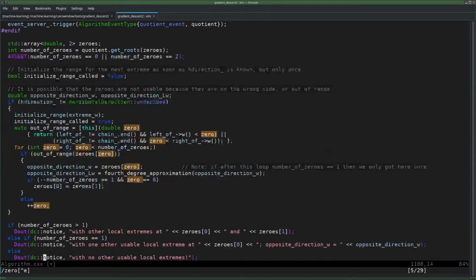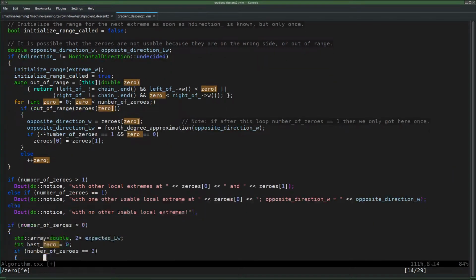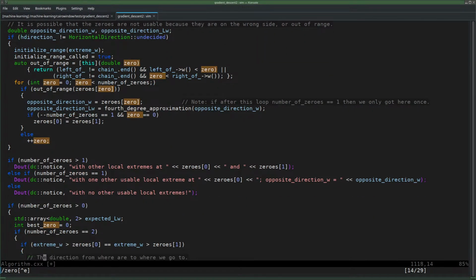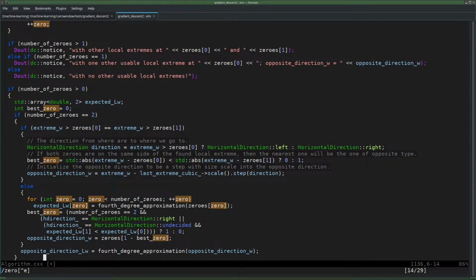It runs over zeros as index. Best zero, also an index. It has to still be the singular of whatever I'm going to call that array, I think.